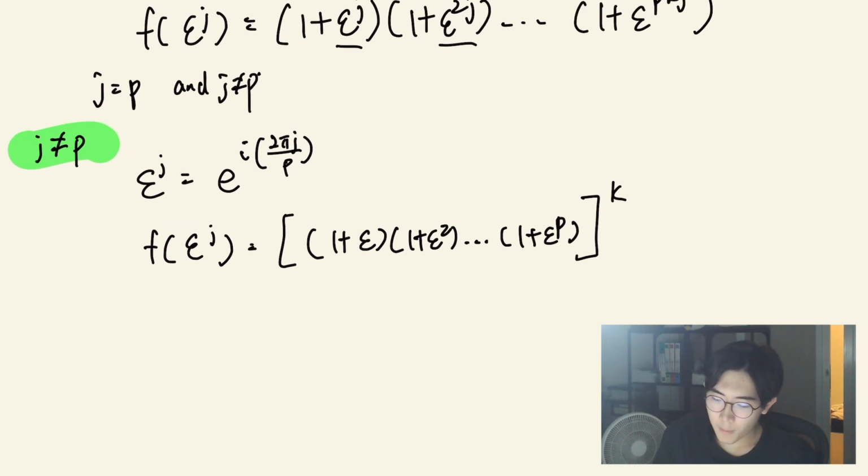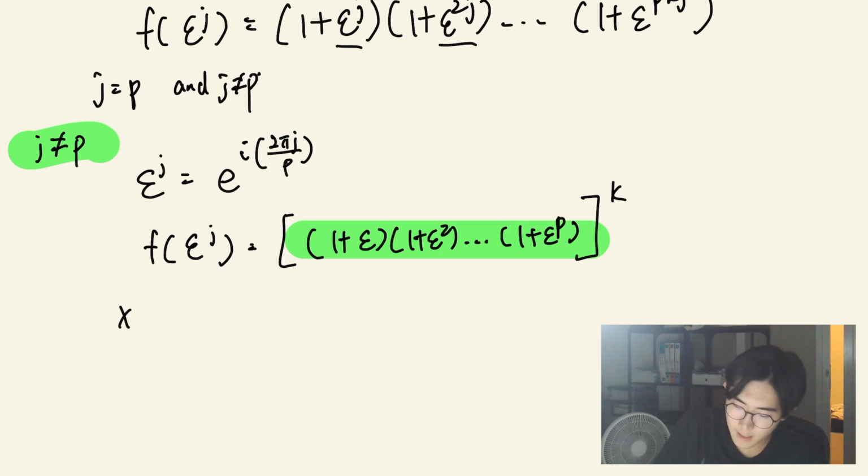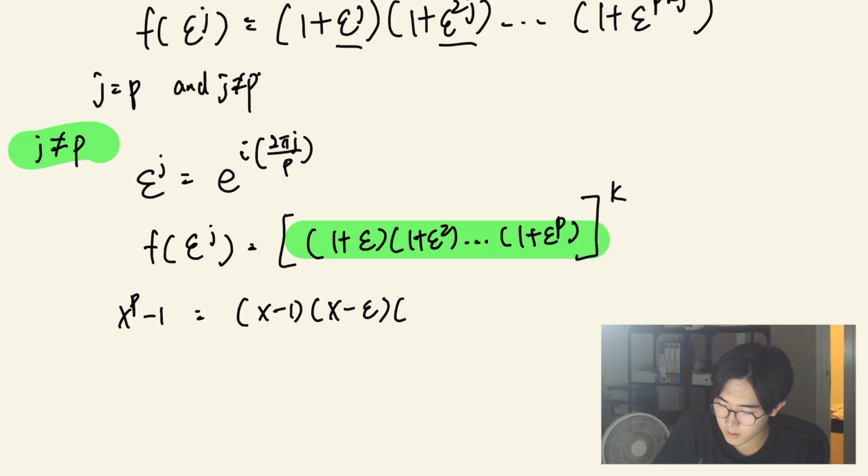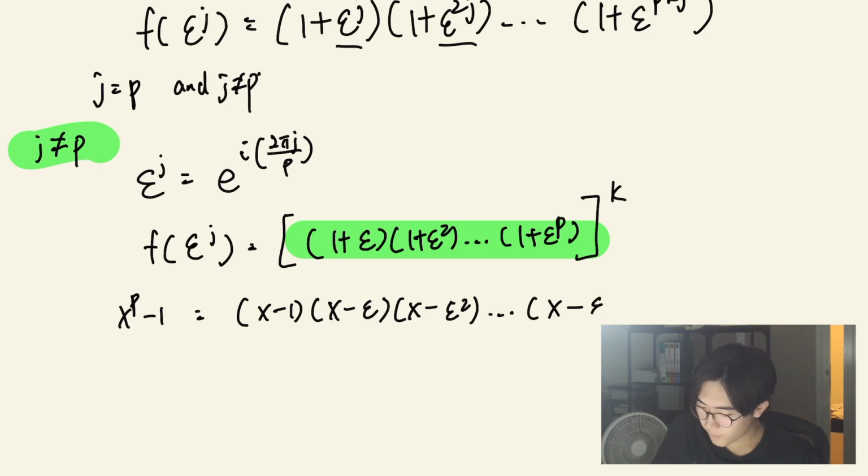And you may be wondering, how do I evaluate this term here? Well, it should remind you of the formula for the roots of unity. The roots of unity can be expressed in this form, which is x minus 1, x minus sigma, x minus sigma squared until x minus sigma to the power of p minus 1.